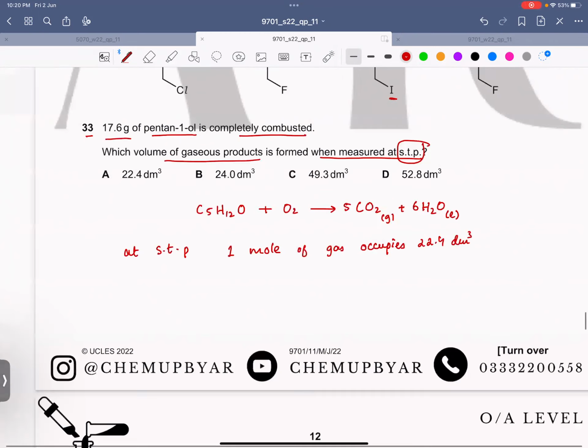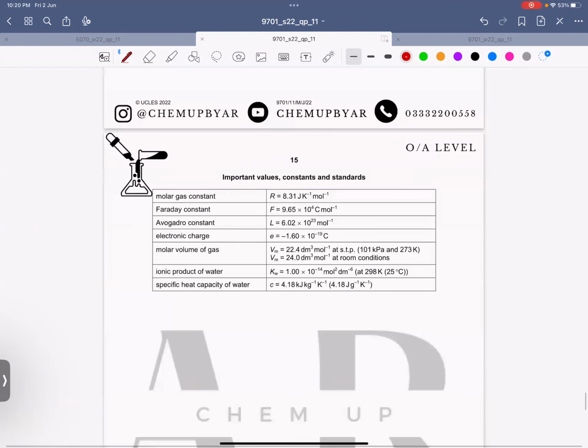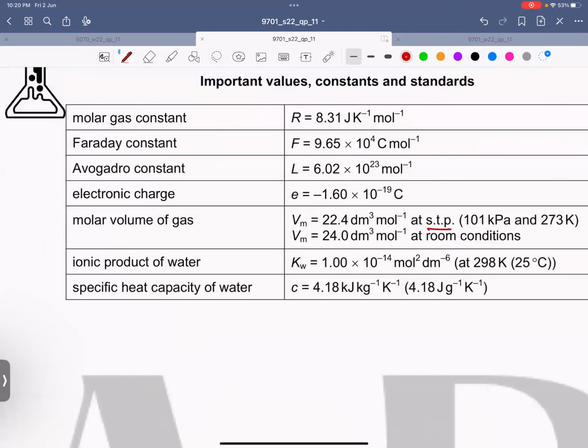And how could you know that? I think it is mentioned over here. At STP, the molar volume of a gas is 22.4, and at room temperature and pressure conditions, the molar volume is 24 decimeter cube.